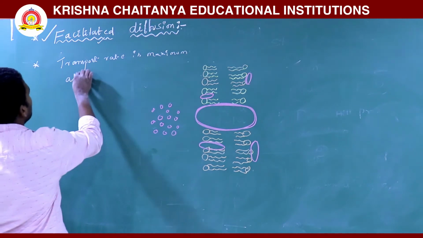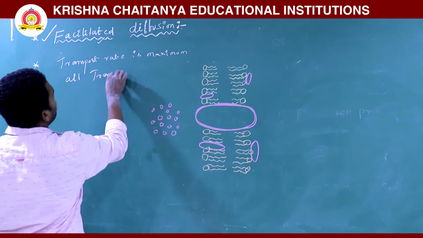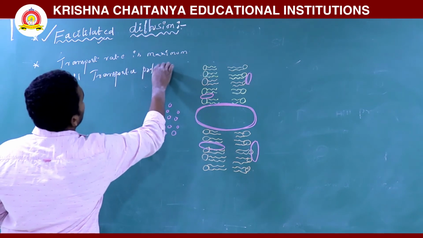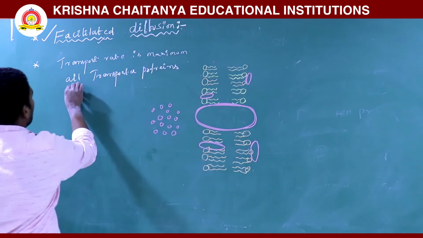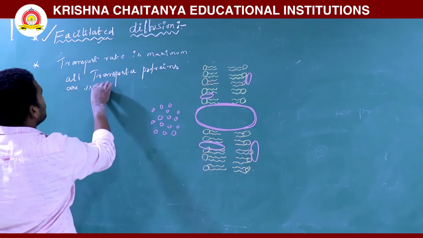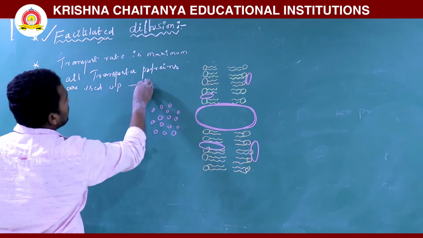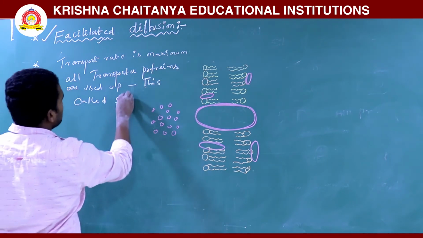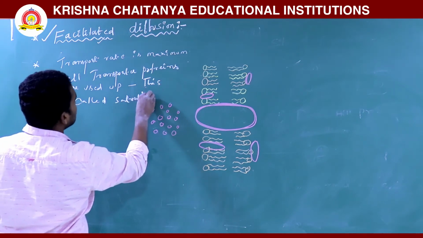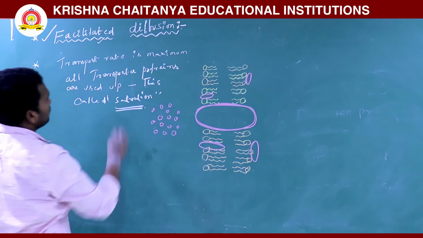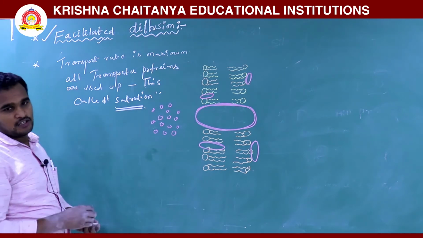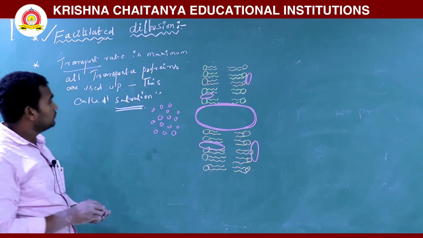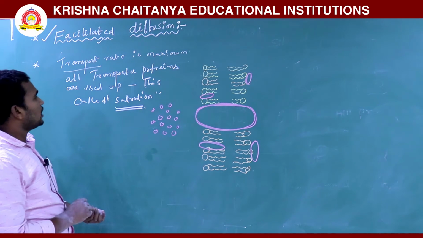All transporter proteins are used up. This is called saturation. See here, the transport rate is maximum and all transporter proteins are used up.